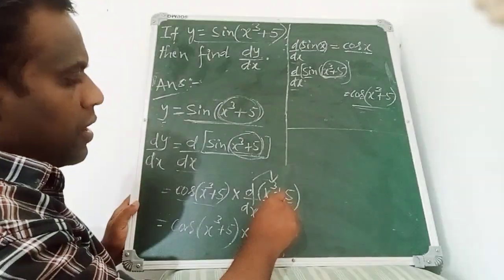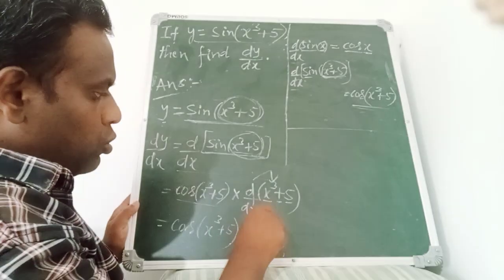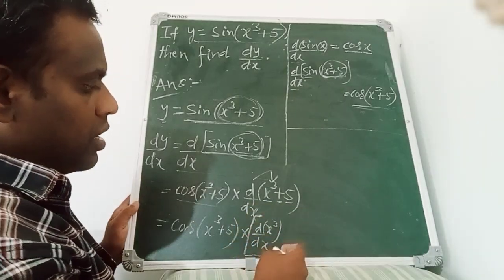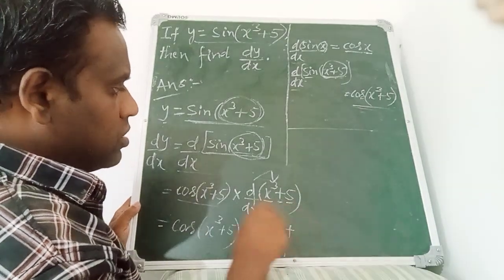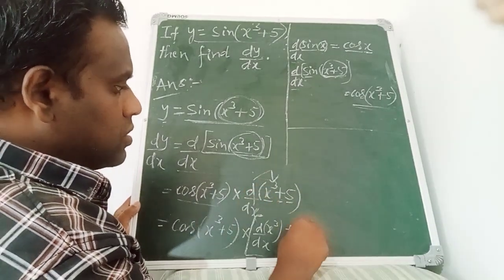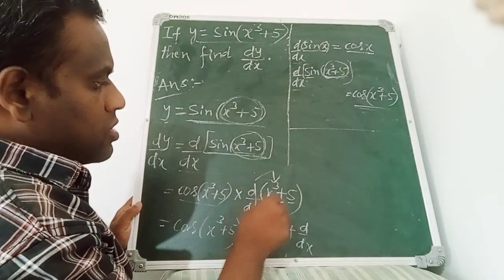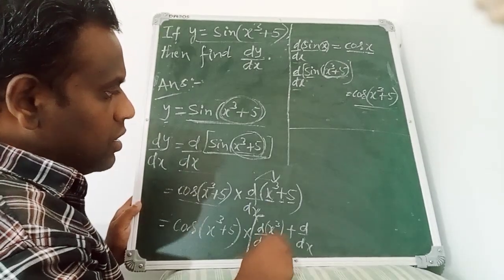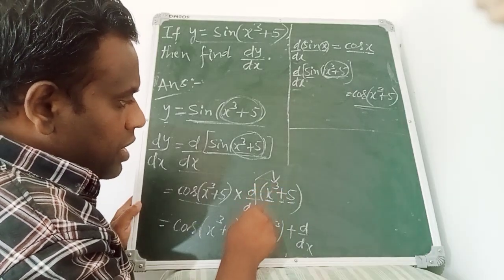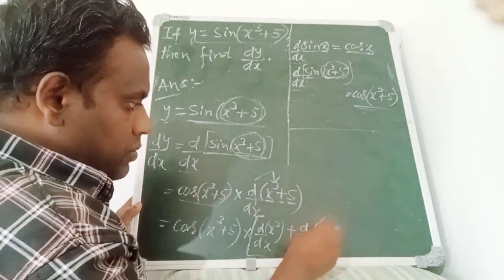Here plus is there, so we take d by dx separately: d by dx of x cube, plus d by dx of 5. Because of the into, put a bracket.